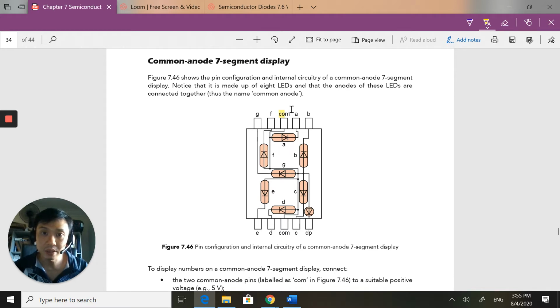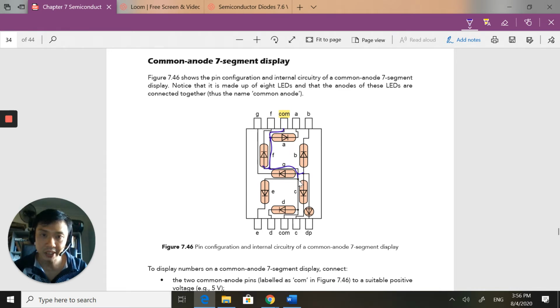Common. And what this means is that this is the common pin that ties up all the 7-segment displays. So if you notice here, let's follow this line down. It's connected to A, is connected to F, is connected to G, it is connected to B, and you follow this line, it's connected to the decimal place.